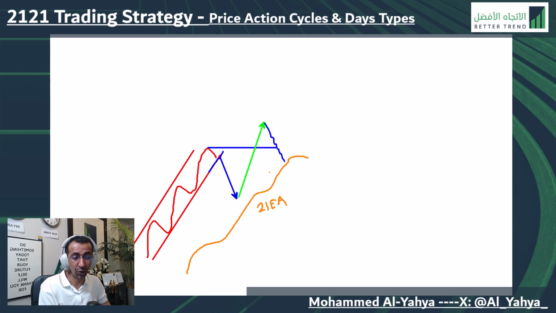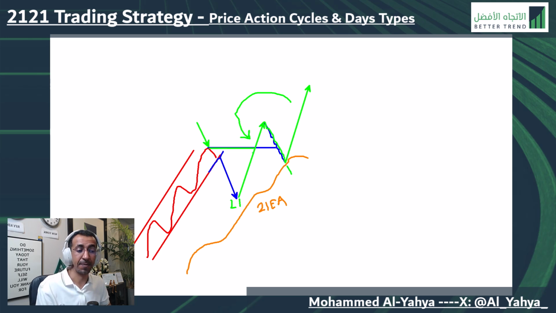If it touches the 21 EMA, now we anticipate leg 2, which is equal to leg 1. Leg 1 doesn't have to stop at the high, and we don't know where it's going to stop, but we know it's done once the correction touches the moving average. The minimum for leg 1 to be called leg 1 is to touch the high.